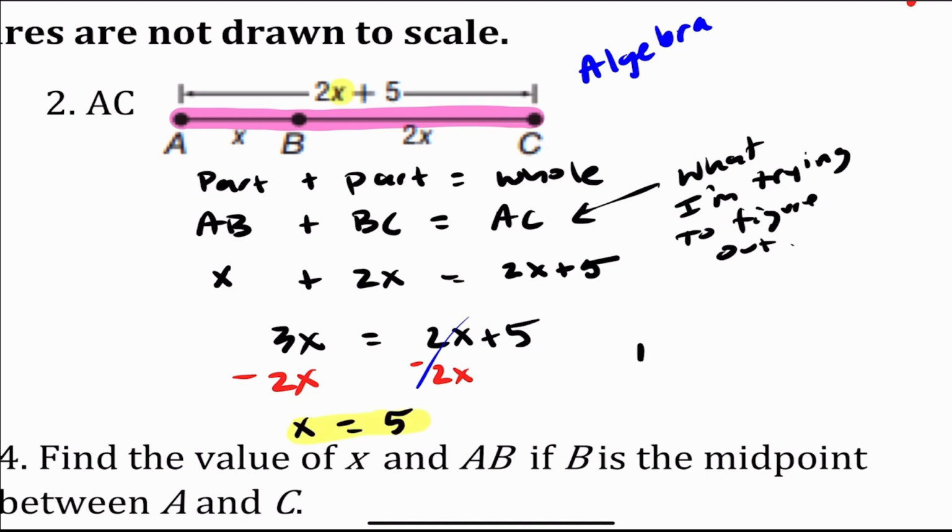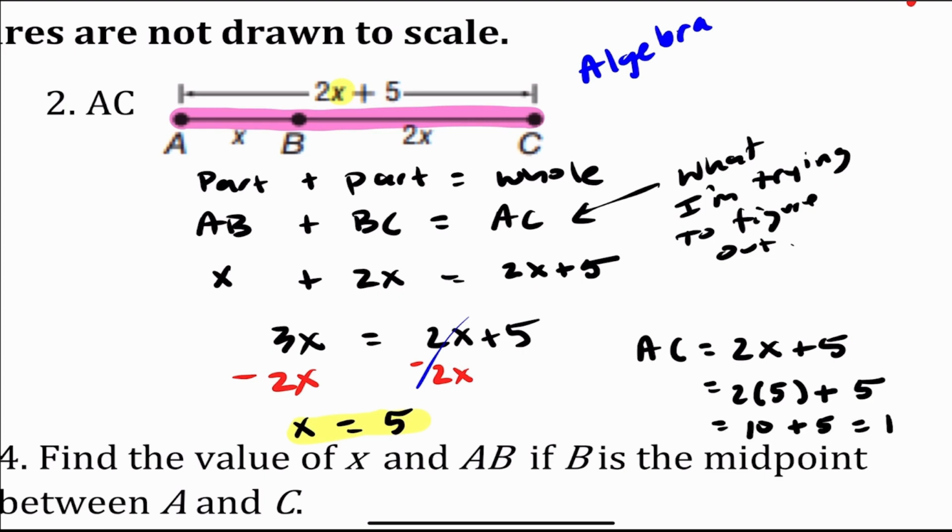So to find the measure of AC, remember, you don't write with the segment bar, by the way. You just say measure of AC without the bar. AC is currently 2x plus 5. So I'm going to replace x with 5. So 2 parentheses 5 plus 5. And 2 times 5 is just 10 plus 5. 10 plus 5 is 15. That's how long AC is.